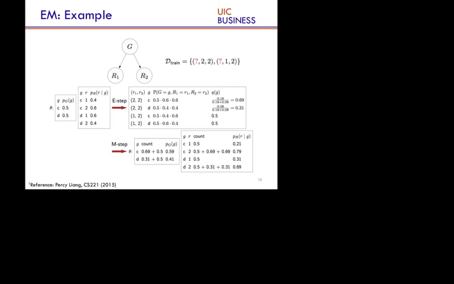Here's an example where let's say you started with some parameters, in the sense of the joint distribution's parameters. The E step is going to look at the data 2, 2, 1, 2, and fill in these missing entries, these question marks.